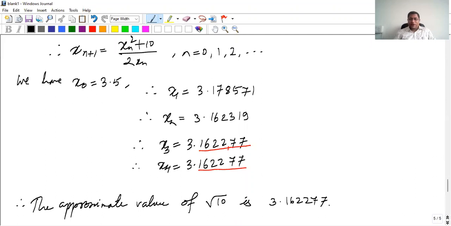Our required accuracy was 10 raised to minus 4, but we got it up to 10 raised to minus 6. Is there any doubt? No, sir. All of you got this? Yes, sir. Okay, that's good.